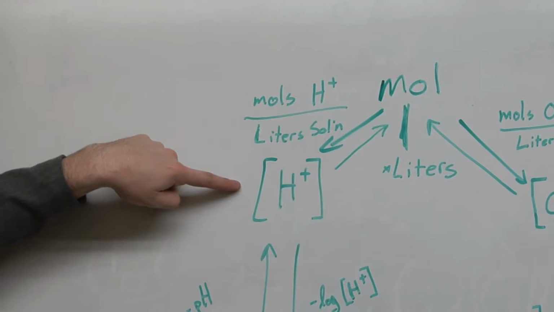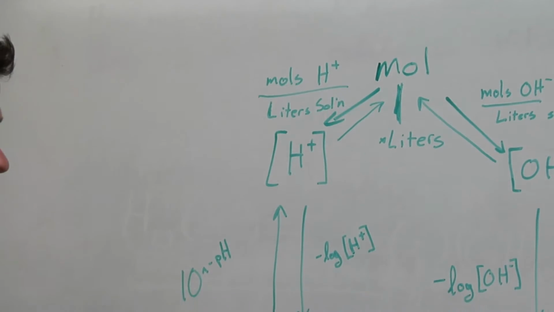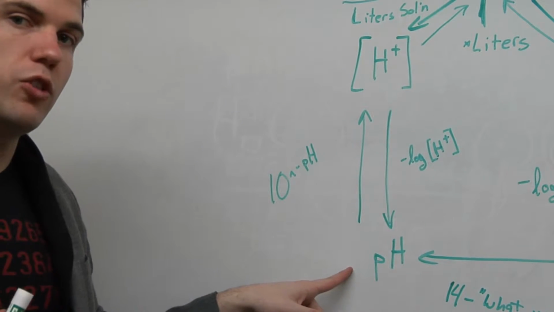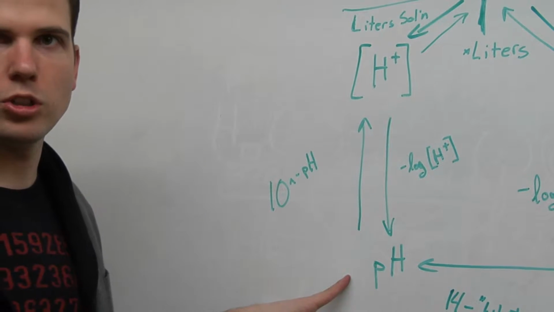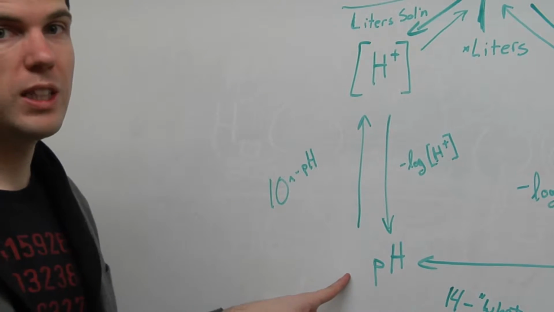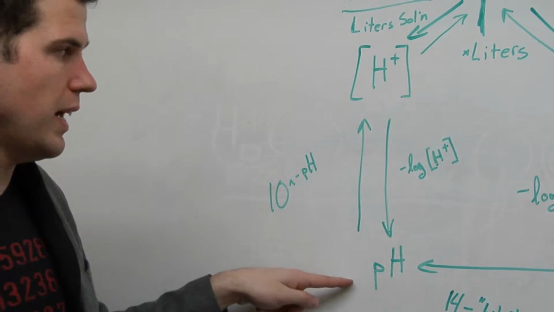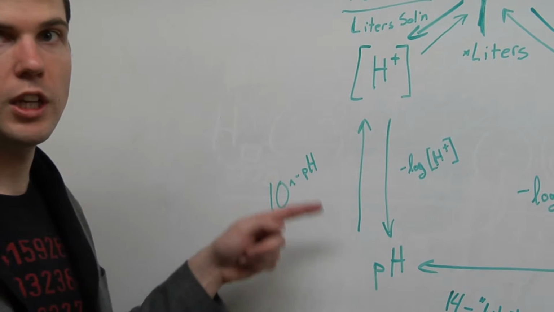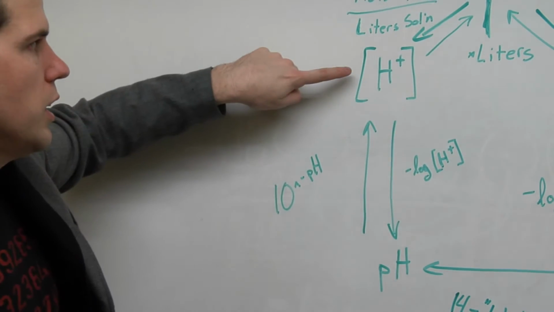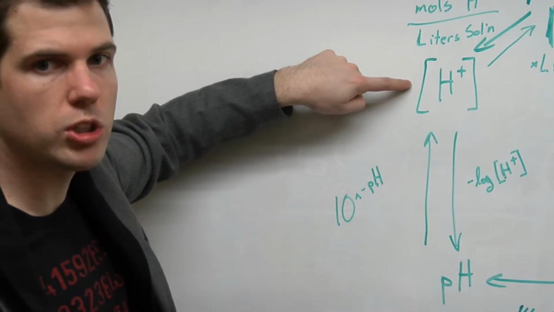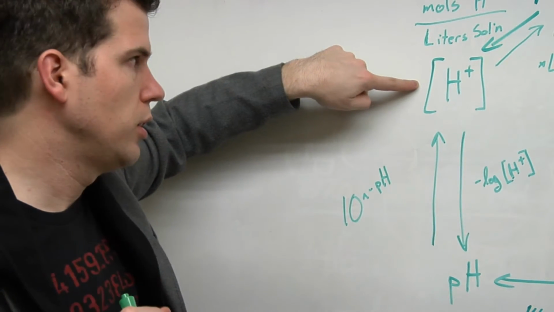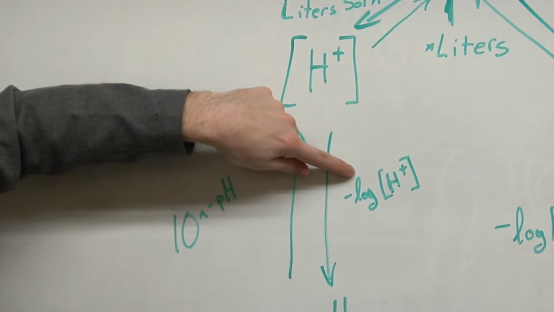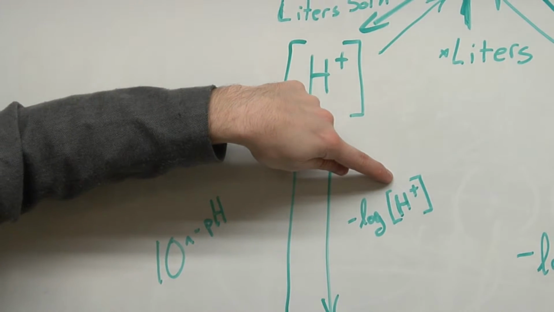Now, to go from concentration and get to pH, that's a little bit more complicated. This is where we involve the powers of 10 that I was talking about earlier. So we will need logarithms in order to go down, and we'll need 10 raised to the power of in order to go up. So if you have a concentration, which is almost always a very, very small number, then you'll take this tiny little decimal and you'll type in the negative log of that tiny little number.